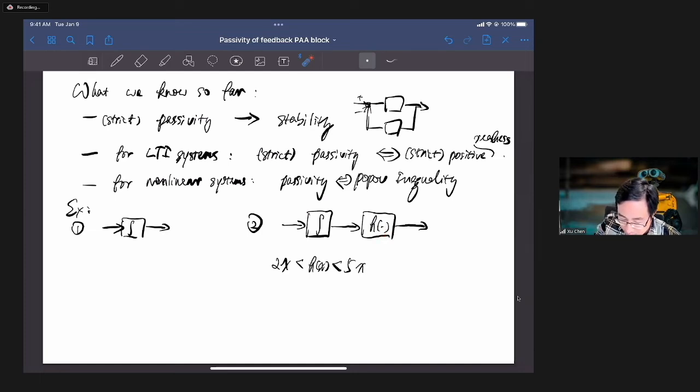It takes the input x and it generates a number. And what can be said is that this number will be bounded in a region. All right, so it can have variations of the output. So it's not a linear time invariant system, but we're going to consider whether this new connection of two systems will be passive or not.